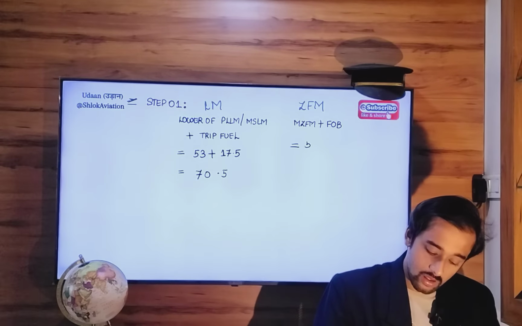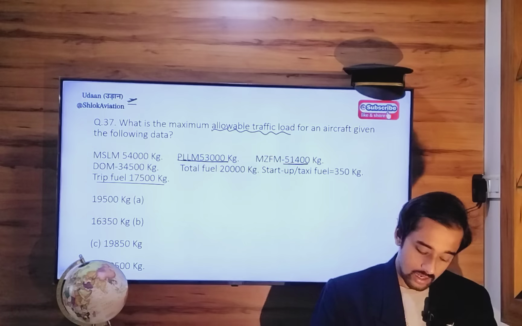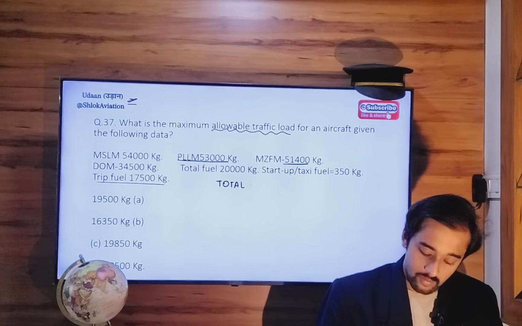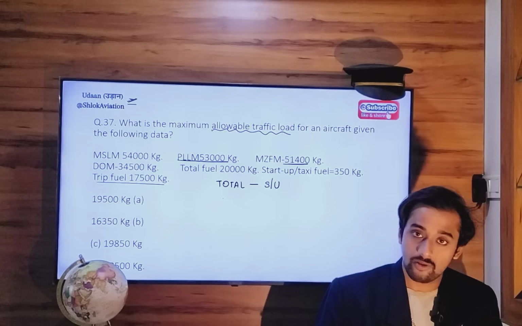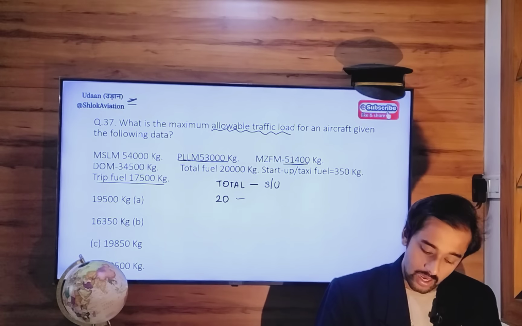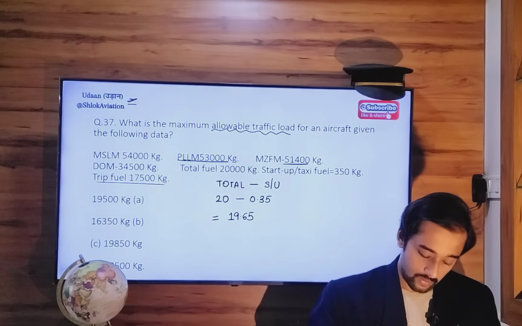In the maximum zero fuel mass column, 51.4 plus fuel on board, not given to you directly, but we can subtract total fuel minus startup and taxi fuel. That will give us fuel on board or takeoff fuel. So total fuel is 20,000 minus 0.35 is 19.65 kg.